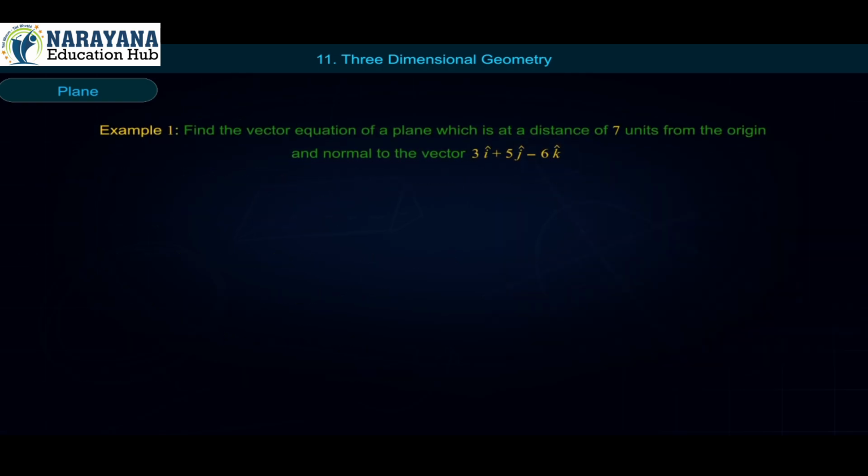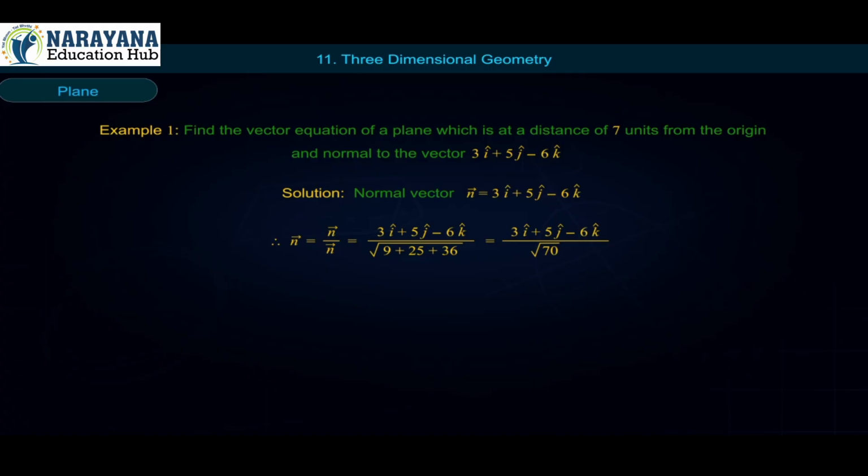Example 1. Find the vector equation of a plane which is at a distance of 7 units from the origin and normal to the vector 3i cap plus 5j cap minus 6k cap. Solution. Normal vector n is equal to 3i cap plus 5j cap minus 6k cap.